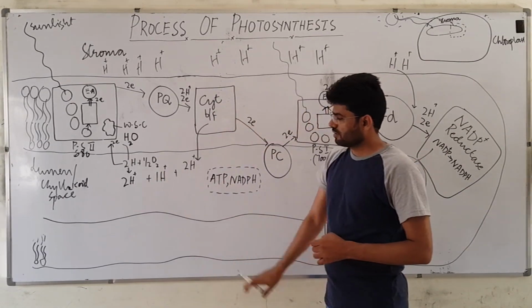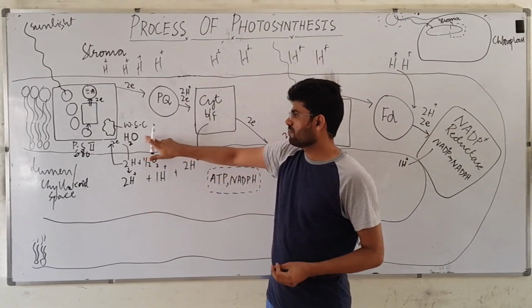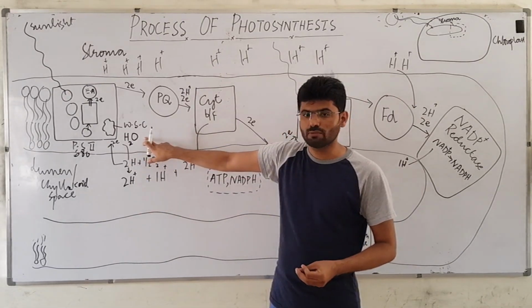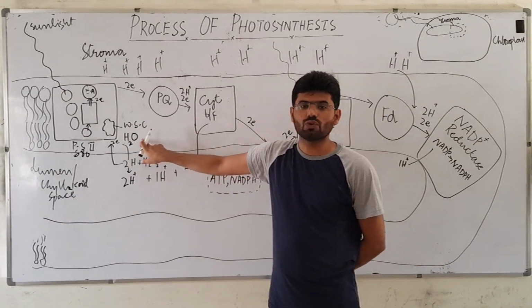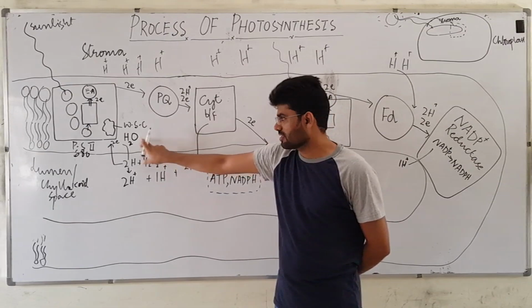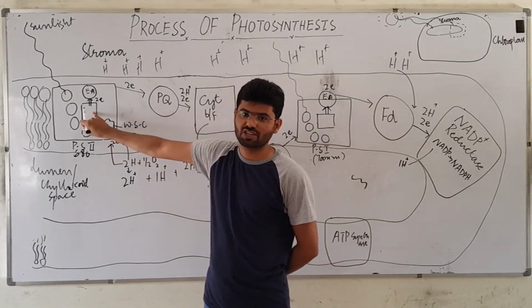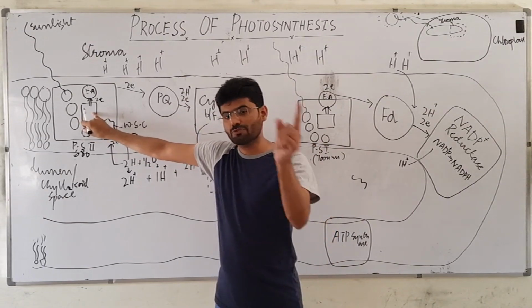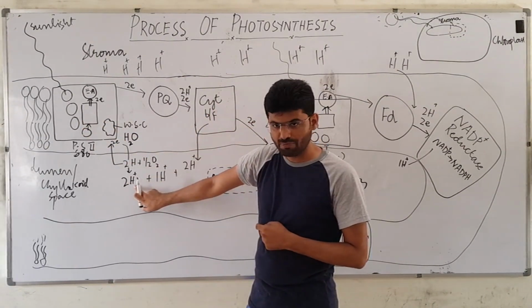So together it will form the 5 protons from the one water molecule. I repeat here again, one water molecule will be oxidized to give the 2 electrons to this reaction center. From that one water molecule, there will be 2 protons.